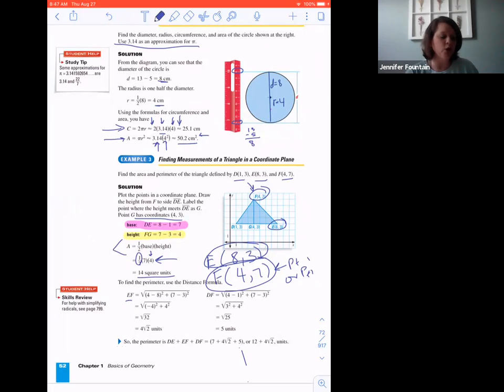It does not matter which point you choose as point 1 or point 2. What does matter is that you plug them into the formula consistently. Did I say that better? So choosing your point is not the hard part. Making sure that you put it in the formula consistently is the most important, okay?